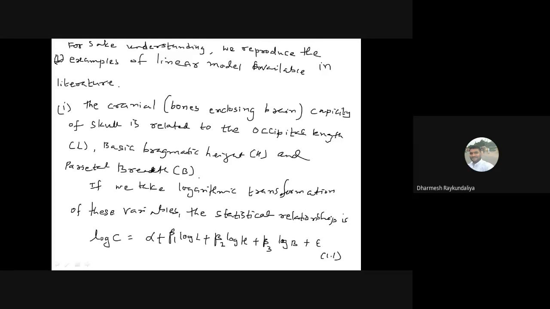So what is the error? Error is nothing but the cumulative effect of all other variables which are affecting the cranial capacity of a skull, but we have not captured in our study.